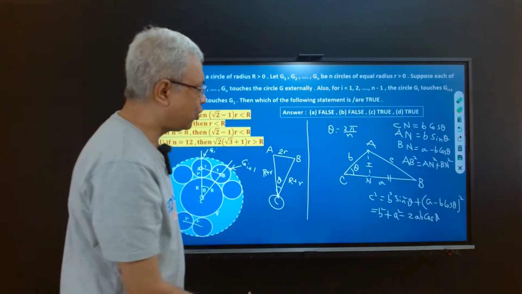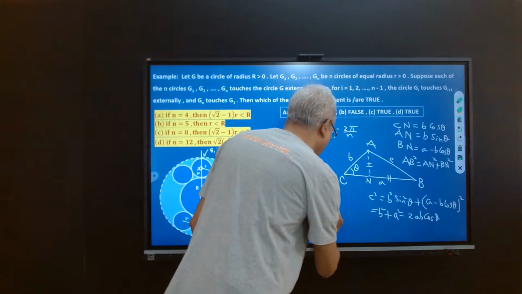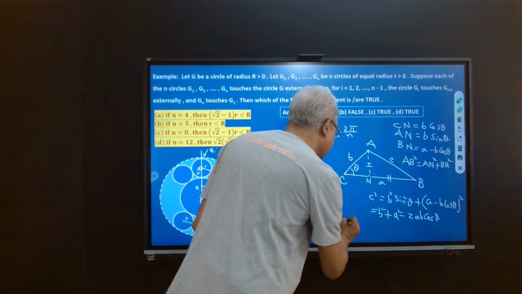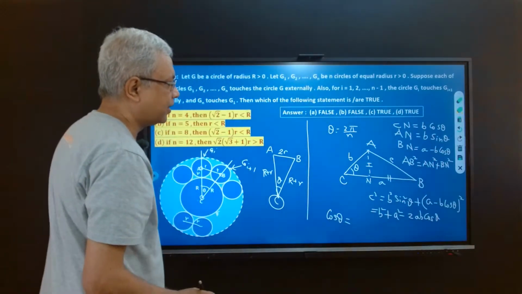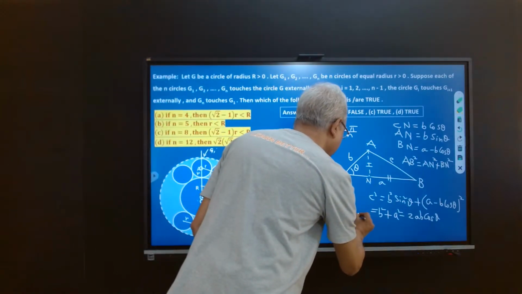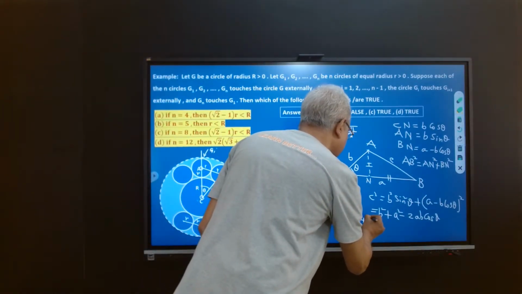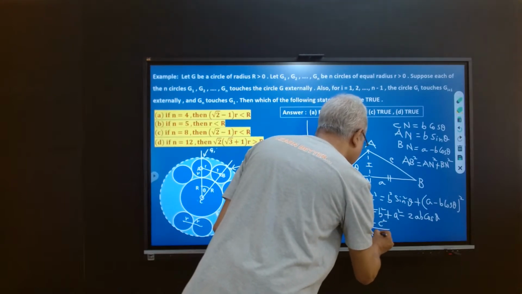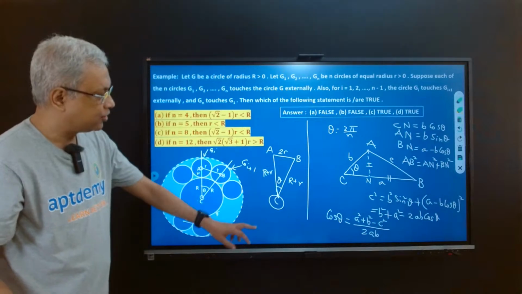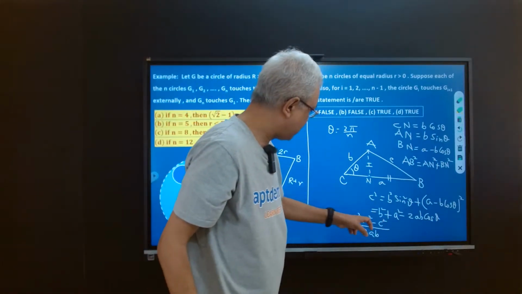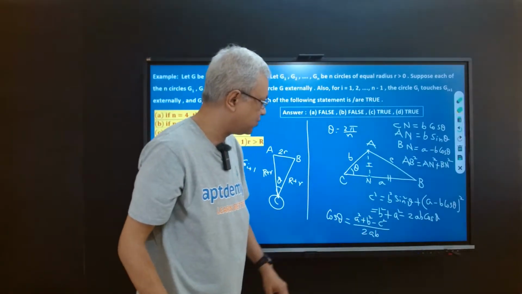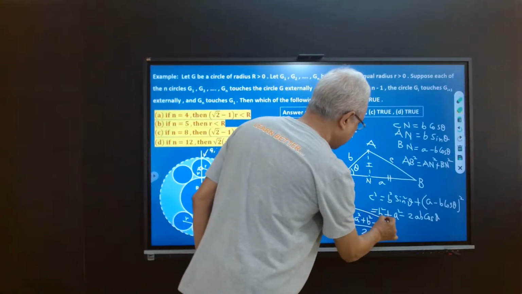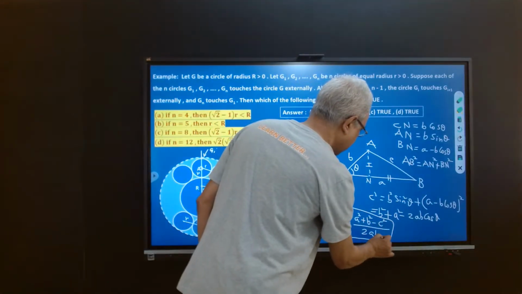Okay, so I can write cos theta is equal to a square plus b square minus c square divided by 2ab. This is a famous trigonometric formula.